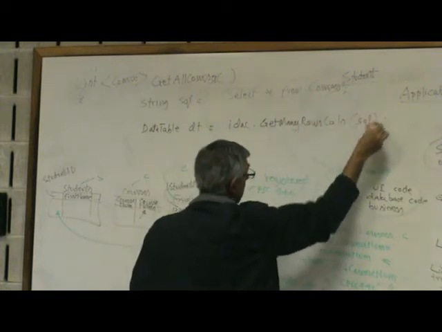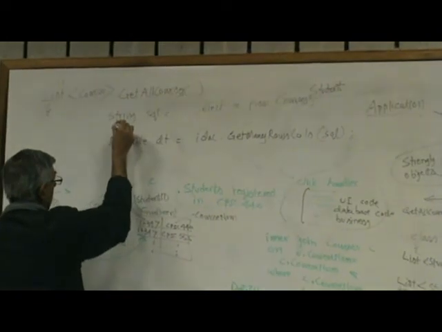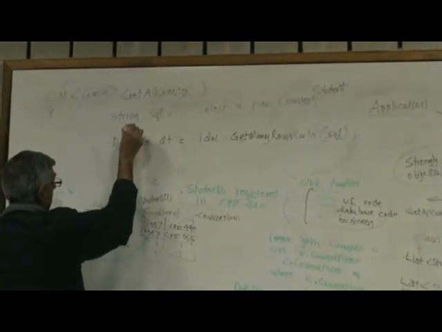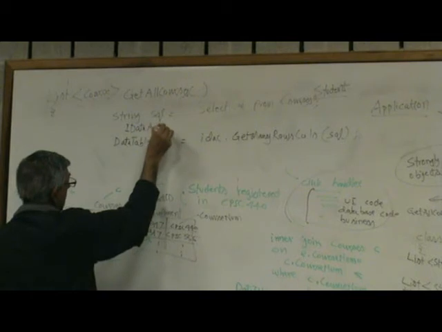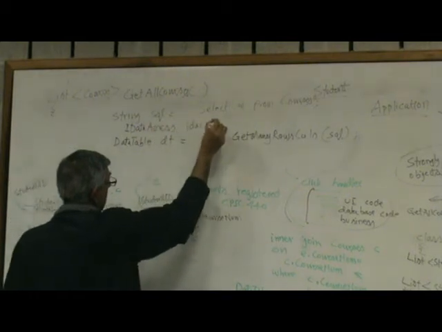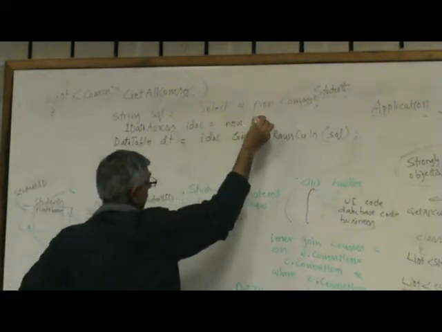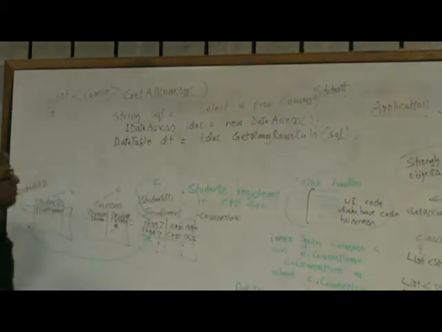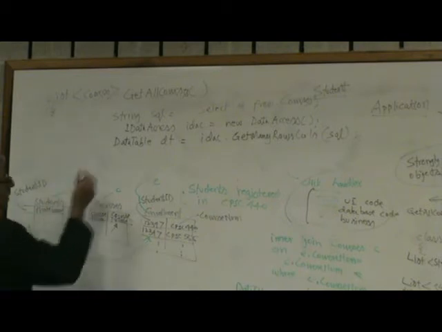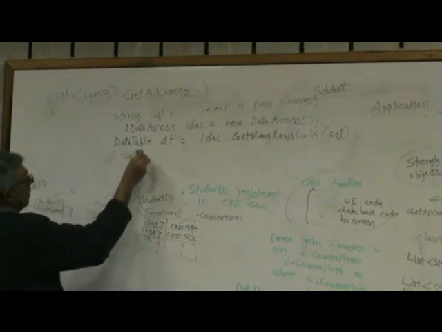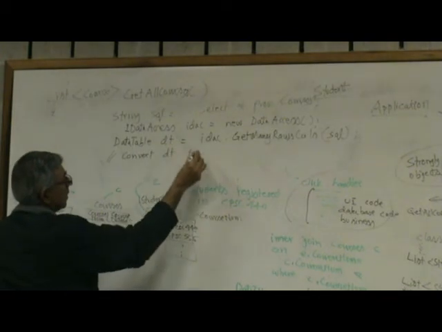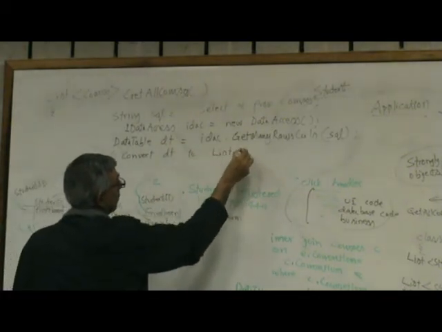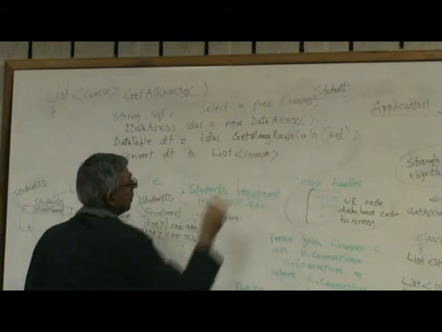And SQL over here. And pretend you already have IDataAccess idac equal to new DataAccess. So you already created an object of it, correct? Okay, so now what do we have to do now? Convert the data table to what? Course list. Convert dt to list of Course. Everybody agrees?